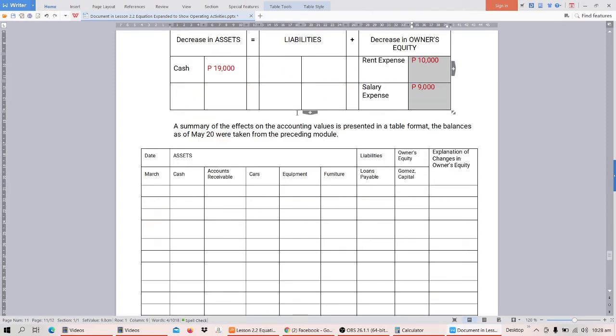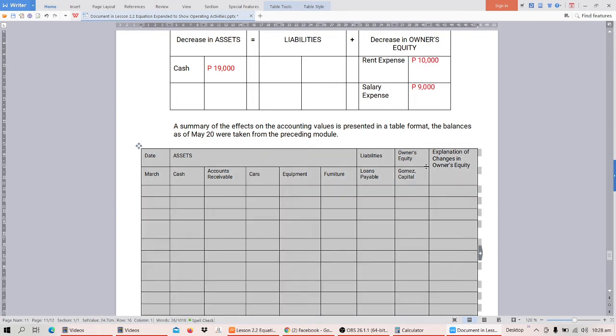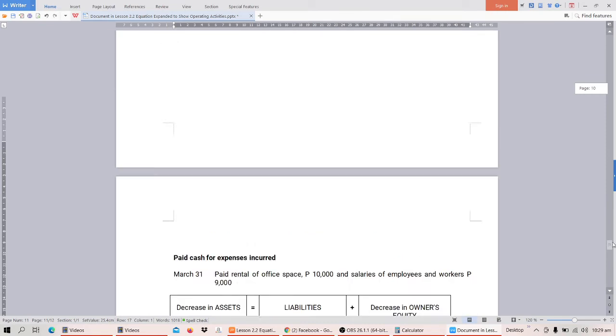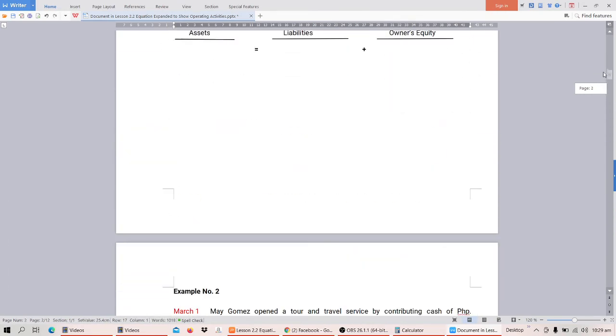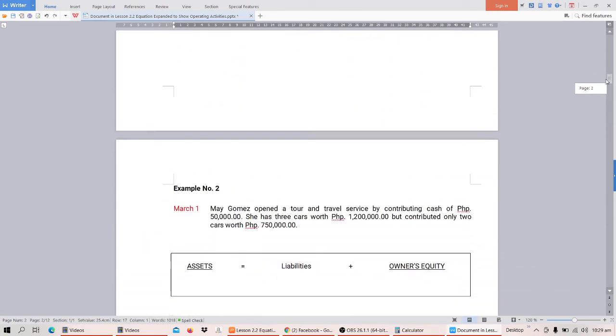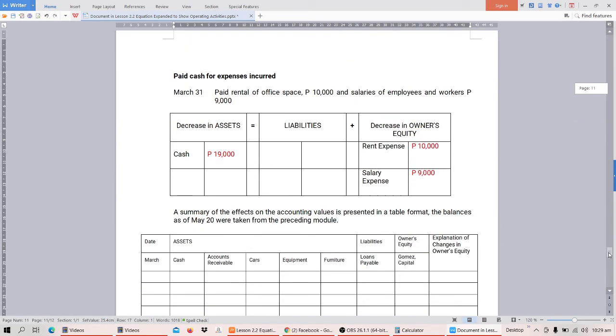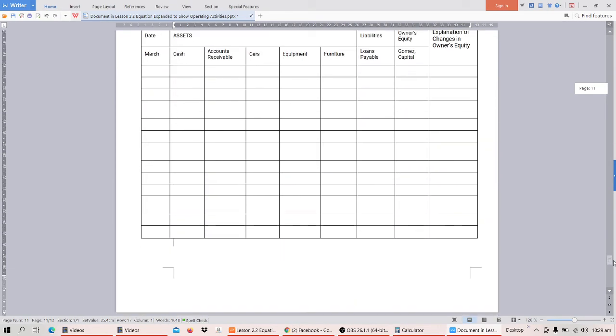So let's have a summary of the effects on the accounting values presented here in our table format. The balances as of March 20, we're going to take from our preceding lesson. Let me see, what's our balance last week?